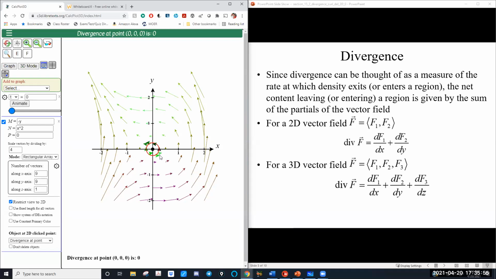What we're looking at graphically is basically an estimate of the divergence, because it's finding vectors that are around that point. They're all within this circle, which you can see has a radius of about a quarter. So these are estimates of what the divergence is at this single point.